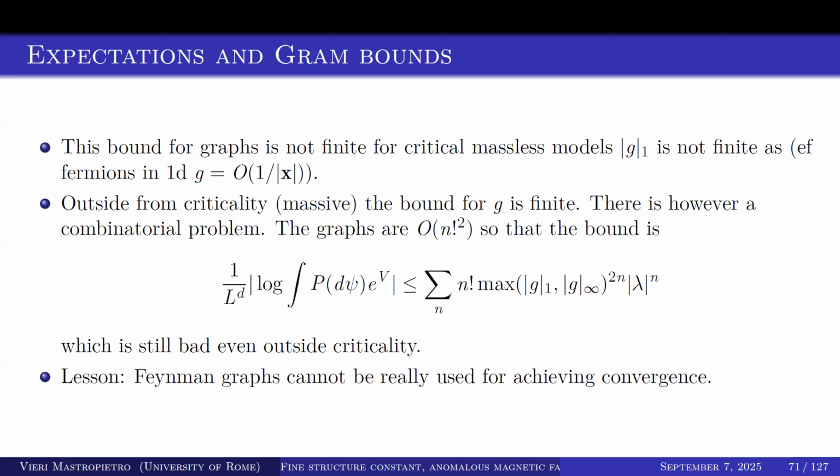Much better to use this. In fact, when Feynman explained the Feynman graphs, I think Bohr was shocked and very upset. He said that Feynman didn't understand anything about quantum field theory.